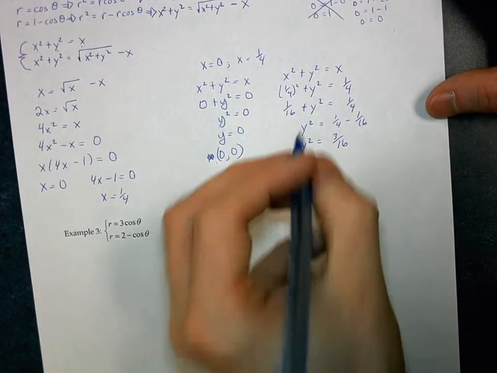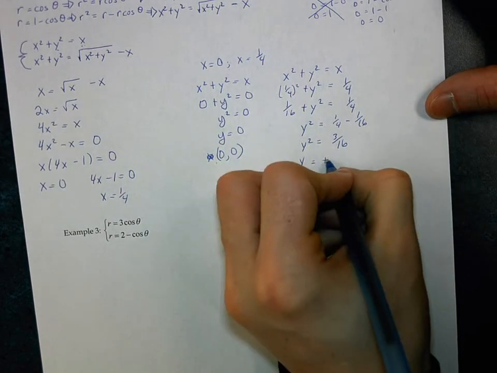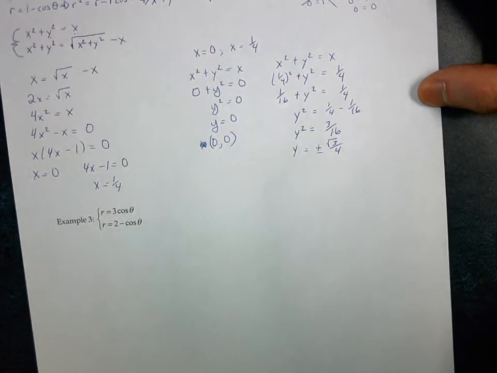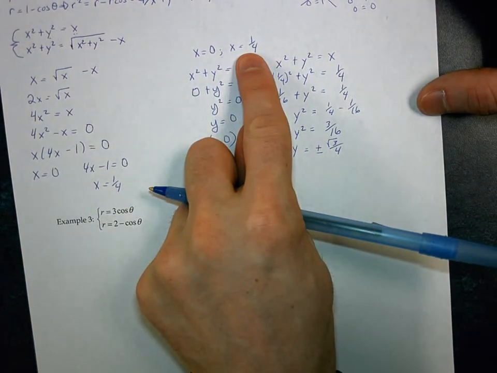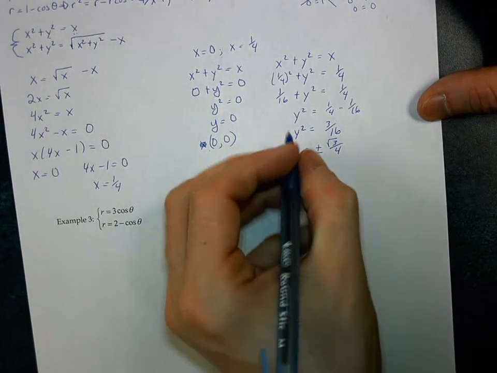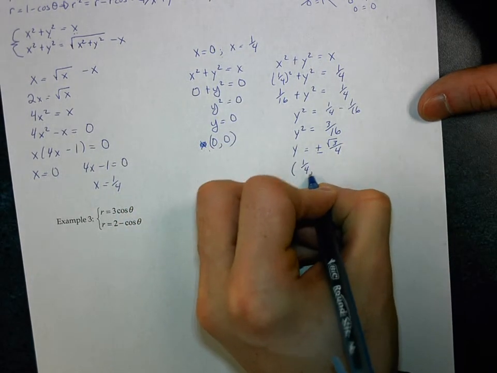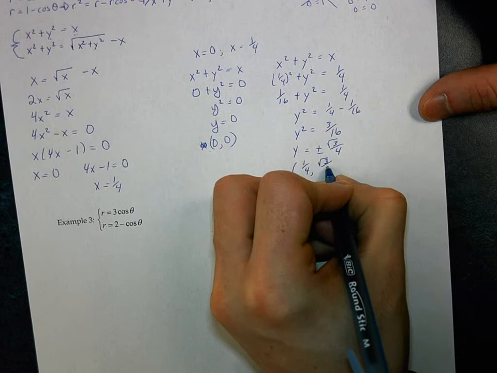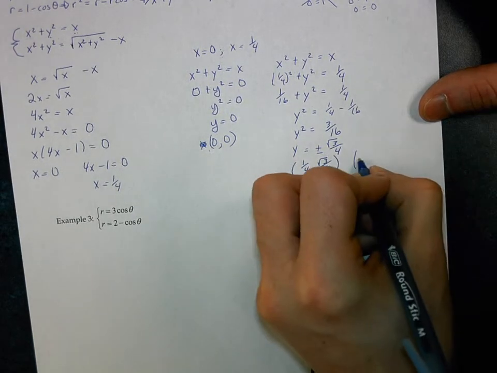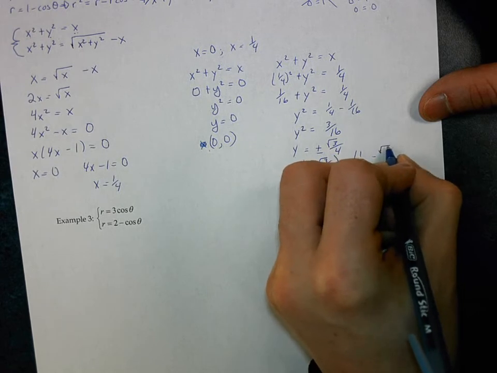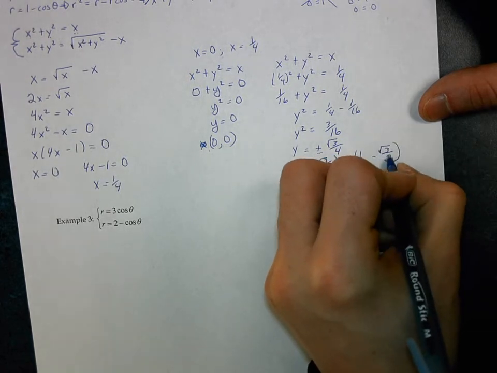And then we take the square root of both sides, and we get plus or minus the square root of 3 over 4. So since I plugged in 1/4, I get a y value of plus or minus square root of 3 over 4. So one ordered pair is (1/4, square root of 3 over 4). The other ordered pair is (1/4, negative square root of 3 over 4).